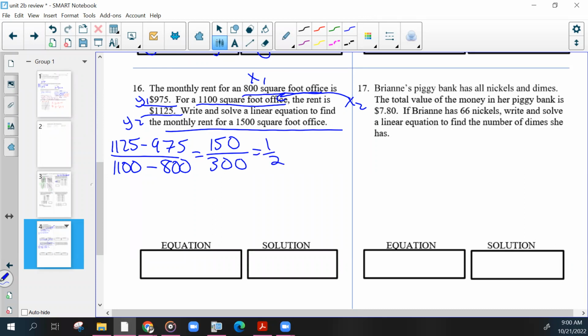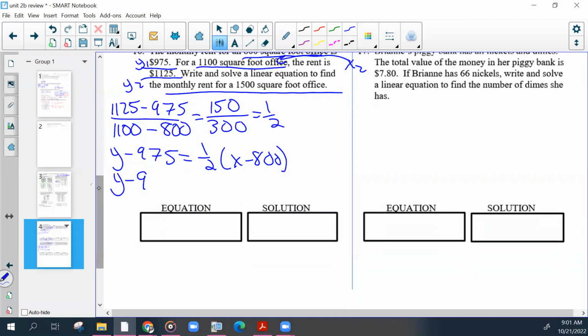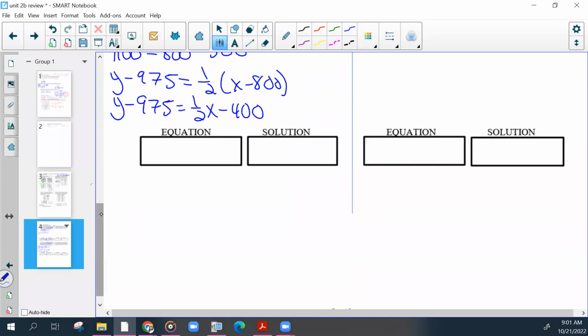Then we have to find our B, pick whichever point you want. I'm gonna use x1 and y1, so y minus 975 equals 1/2 times x minus 800. And then we're going to distribute and solve for y, and get y by itself by adding 975 on both sides.